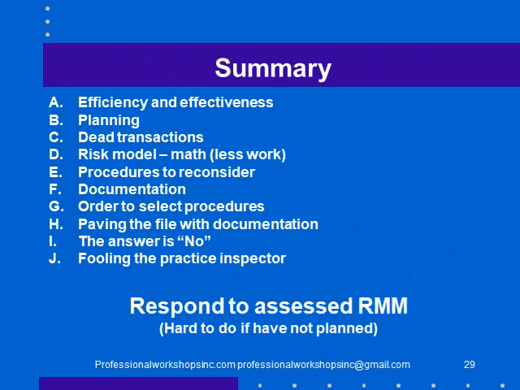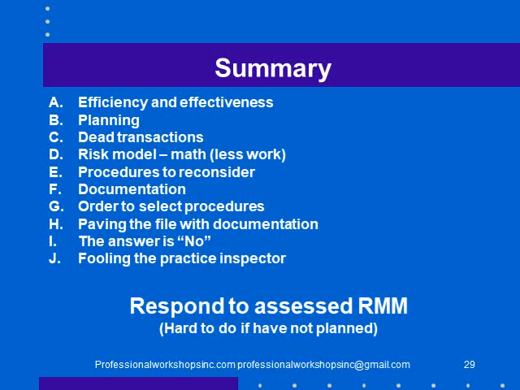So, audit tips. What have we talked about? We talked about efficiency and effectiveness, planning. Talked about planning dead transactions. If it's a dead transaction, the odds that it can be wrong are pretty low. The risk model, we looked at the math that allows us to use the risk model and do less work, particularly if risk of material misstatement is negligible or low. Talked about a bunch of procedures that we're probably doing that we should probably stop doing.